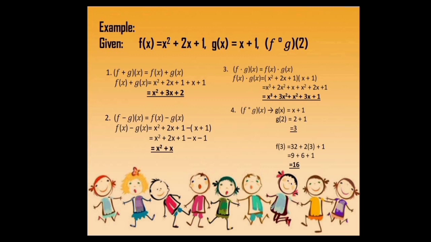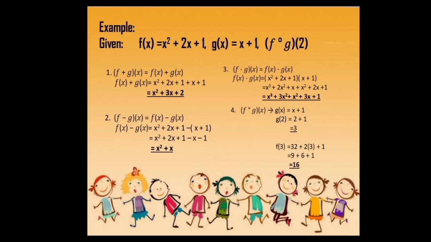And last, we have the example of the operation of composition of function. So, f composition of g(x), we need to find the g(x) first, which is x plus 1. So, our x in g(x) is positive 2. So, g(2) equals 2 plus 1.